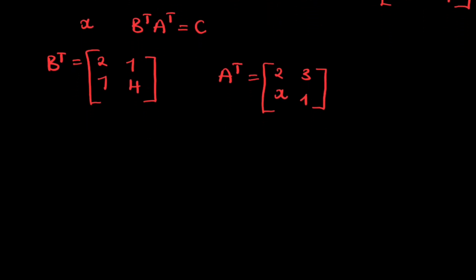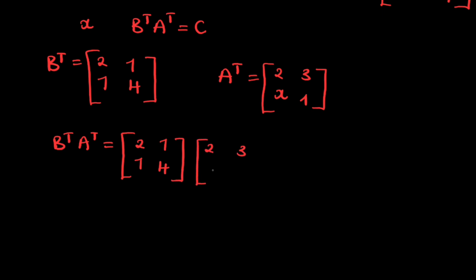Now let's take the product B transpose times A transpose. So this is 2 1 1 4 times 2 3 x 1. Let's do the multiplication. For the first number we have 2 times 2 plus 1 times x.